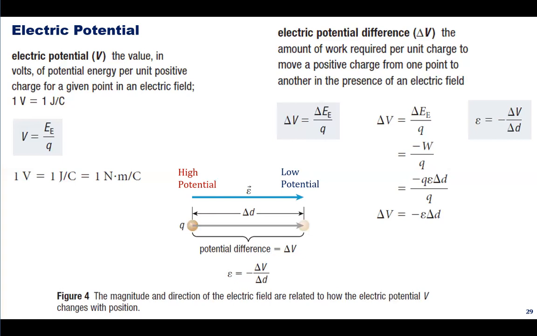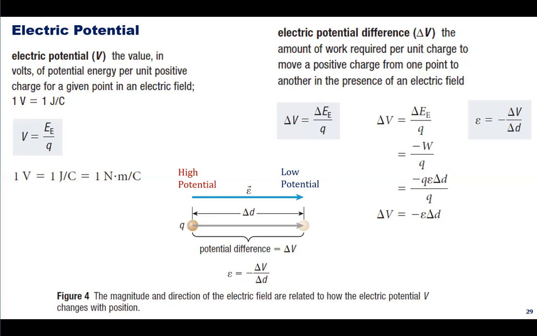Since the electric field points from the positive to negative, the positive charge will also move in the same direction as the field. Conversely, electrons will naturally travel from a region of low potential to a region of high potential, in the direction opposite to the direction of the electric field.